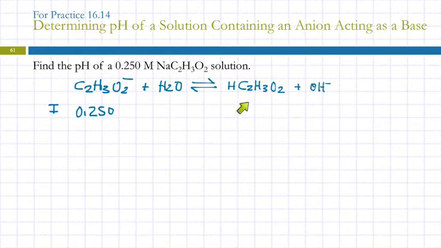What's the initial concentration of acetic acid? 0. How about the hydroxide? 0. There's a little bit from the water itself, but probably too small to matter. So then in our change, this is going to change by minus x. This is going to change by plus x. This is going to change by plus x.